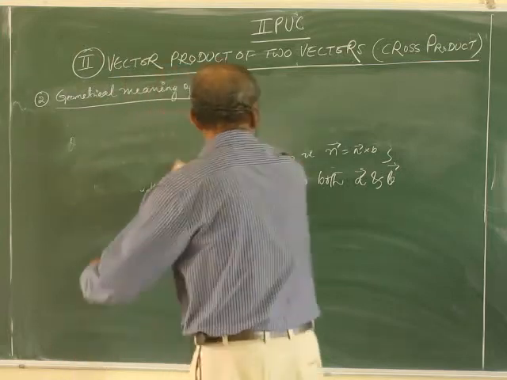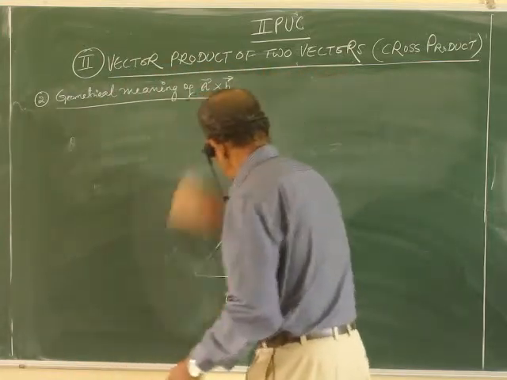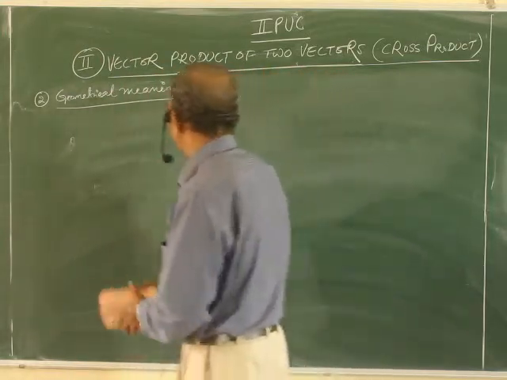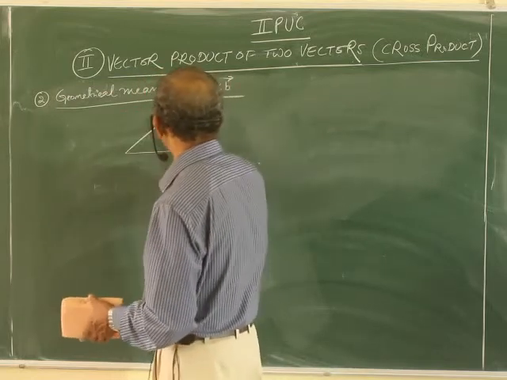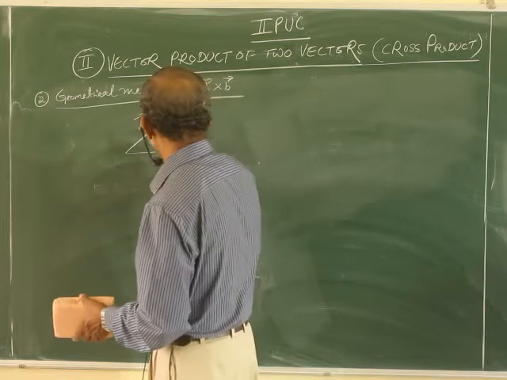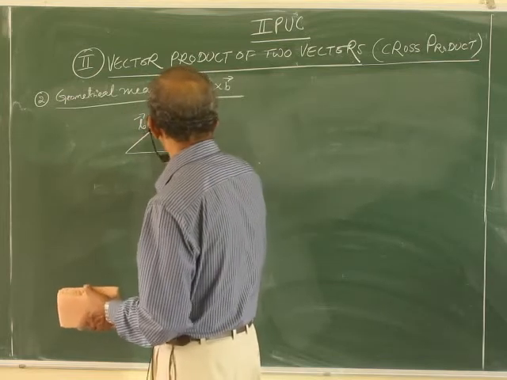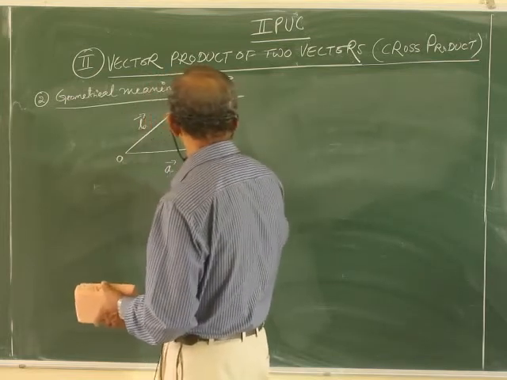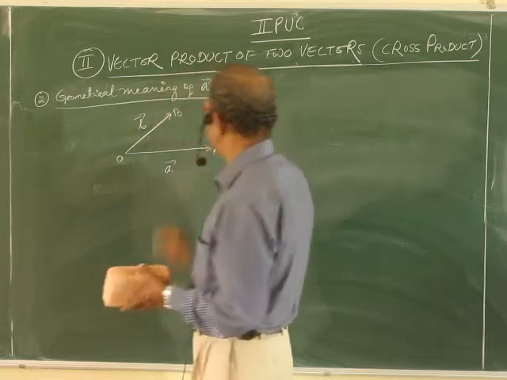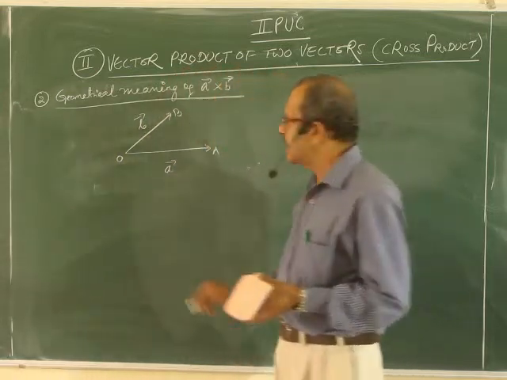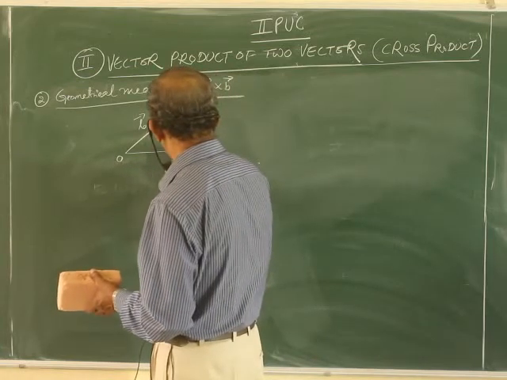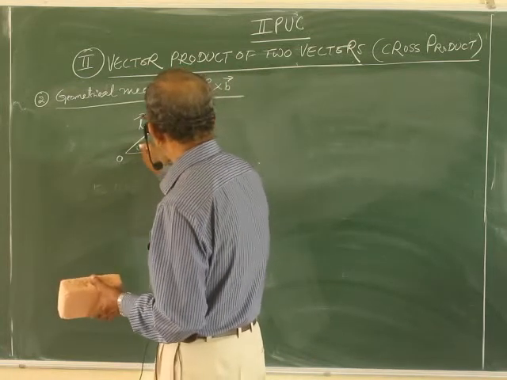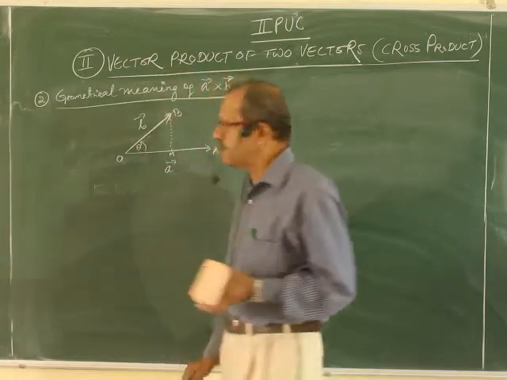What about the geometrical meaning of the cross product? Let us see. Definition over. Let me draw the figure once again. Vector B, vector A, and the end points, let me call them A and B. Again drop the perpendicular M, and the angle between the vectors is theta.